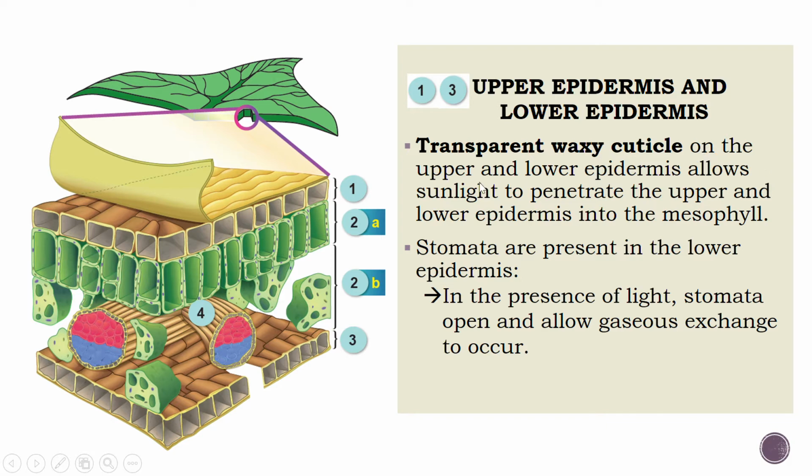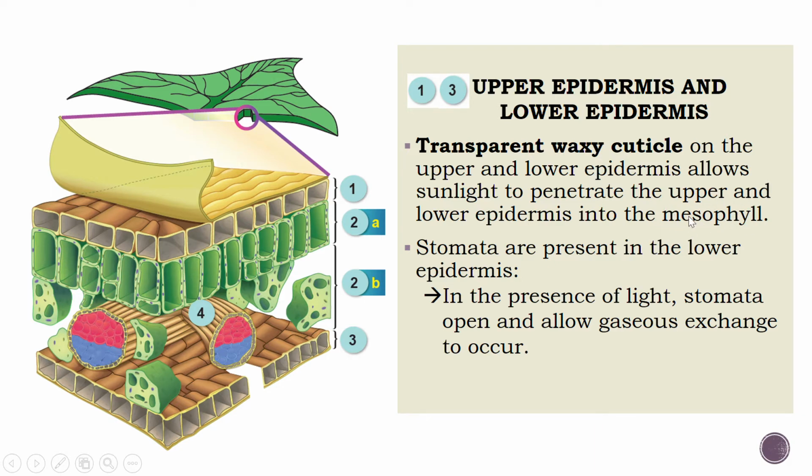So it is on the upper and also lower epidermis, and the reason for it being transparent is it has to allow the sunlight to penetrate, untuk tembus masuk to the upper and lower epidermis dan seterusnya into the mesophyll.